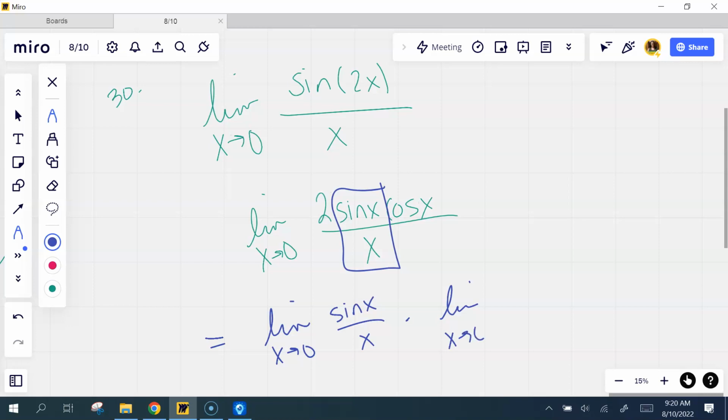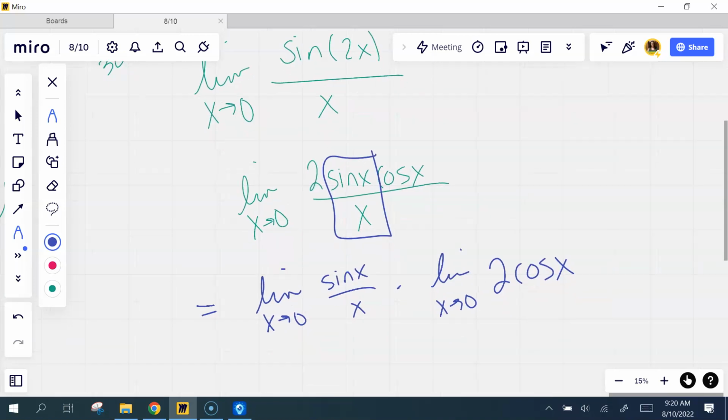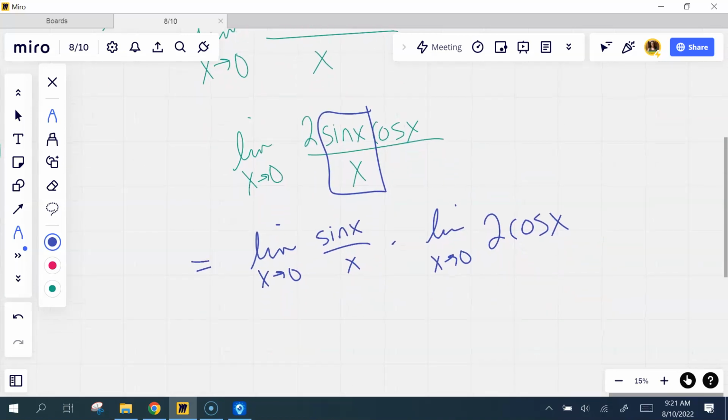The limit as x goes to 0 of 2 cosine x. Agree or disagree? Well, what's the first one? If you were adding or subtracting, you'd have to make separate fractions, but because you're multiplying, it only has to go with one thing.